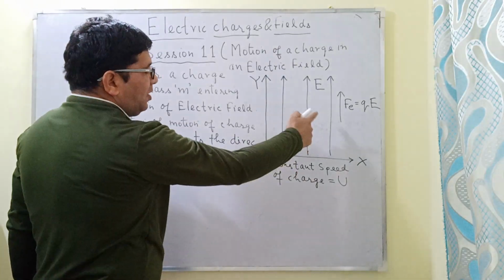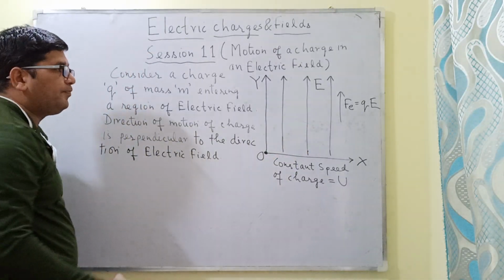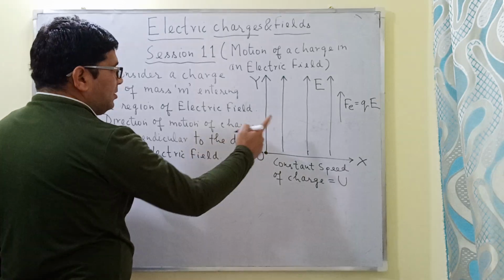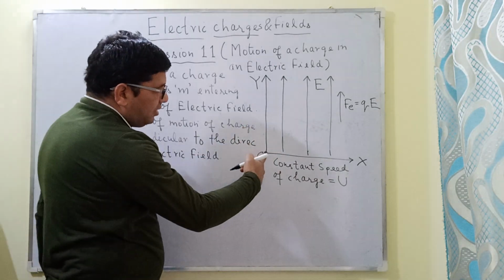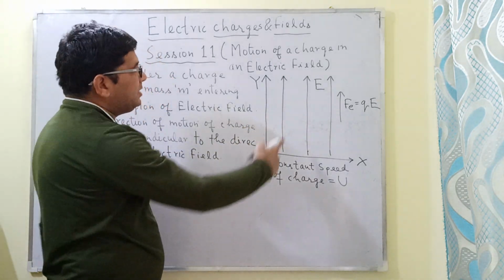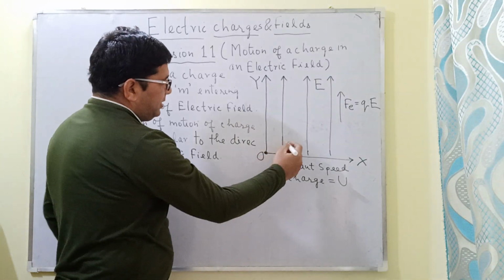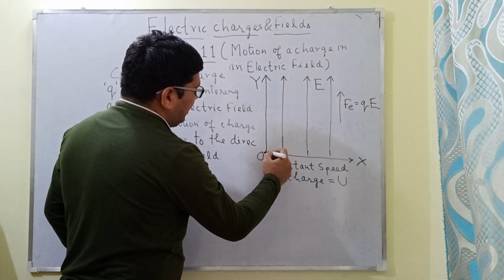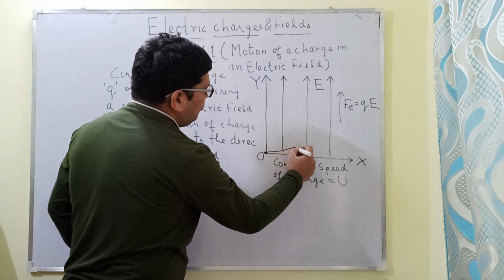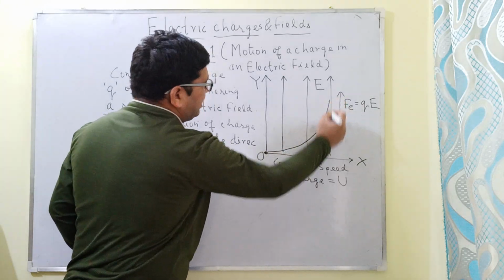So because of this electrostatic force, this charge will gain some acceleration in the upward direction. And because of this electrostatic force, this charge will also follow a trajectory something like this.